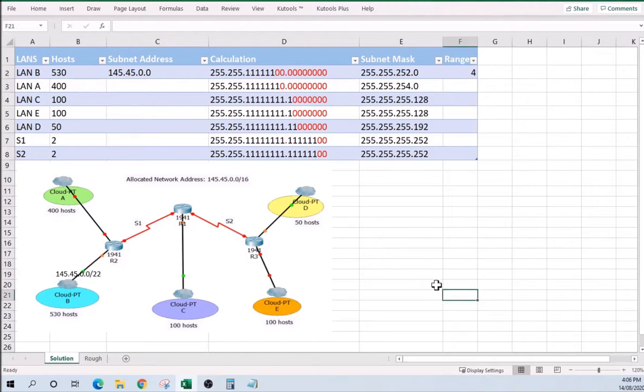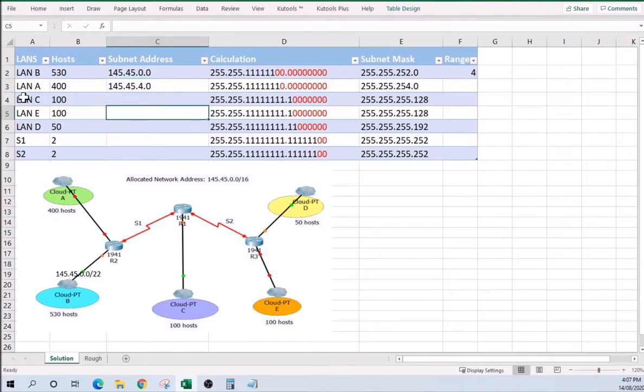Okay, that's that. And network B would be expanding from 0 to 4 on the third octet. So the network address for LAN A would be 145.45.4.0, right?